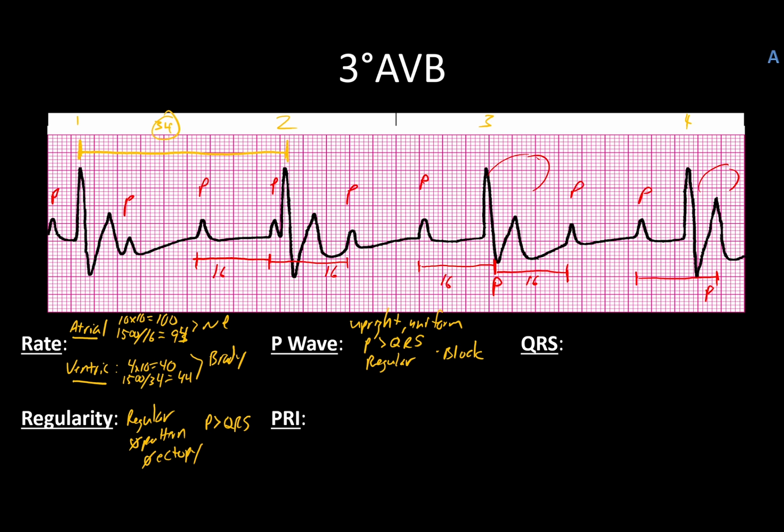In terms of PRI, what I can manage to measure, if we look at this first one, it's 2, maybe? So I've got a 2, but if I don't trust that and I want to go further back, that's 16 plus 2, so I'm looking at maybe 18, which seems way inappropriate. If I look at my second one, I'm looking at something like 11, 12, 13, 14.